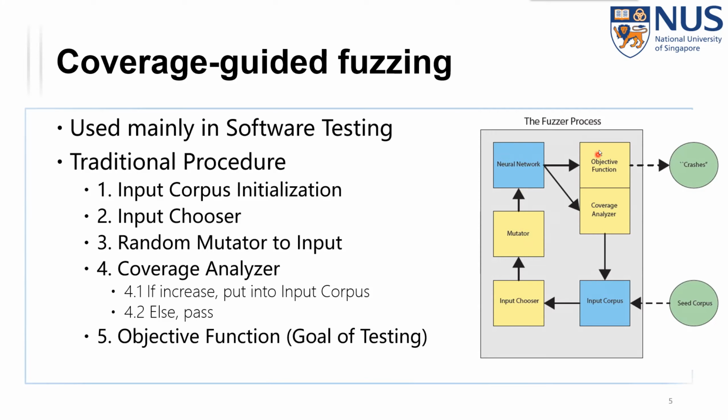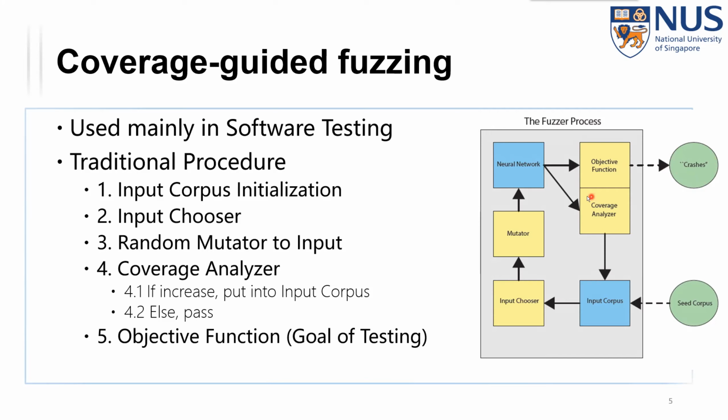One is the objective function, which views whether this input is a success or not. For normal software, the objective function is whether the software crashes or not, but for models, it can have other objective functions.